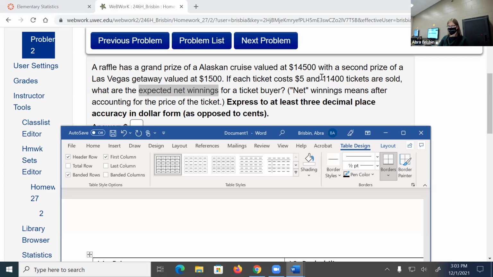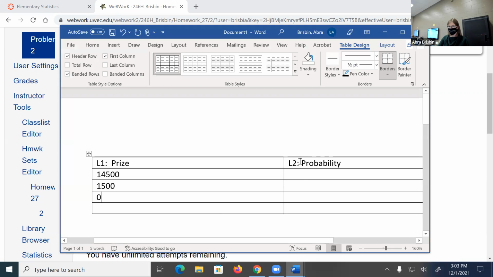So there are 11,400 tickets sold. So the probability of winning the grand prize would be 1 out of 11,400. The probability of the second prize would be 1 out of 11,400. And the probability of winning nothing would be 11,398 out of 11,400.